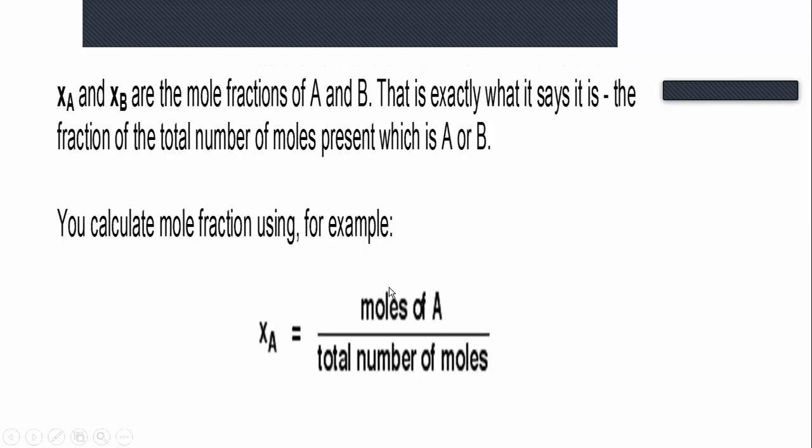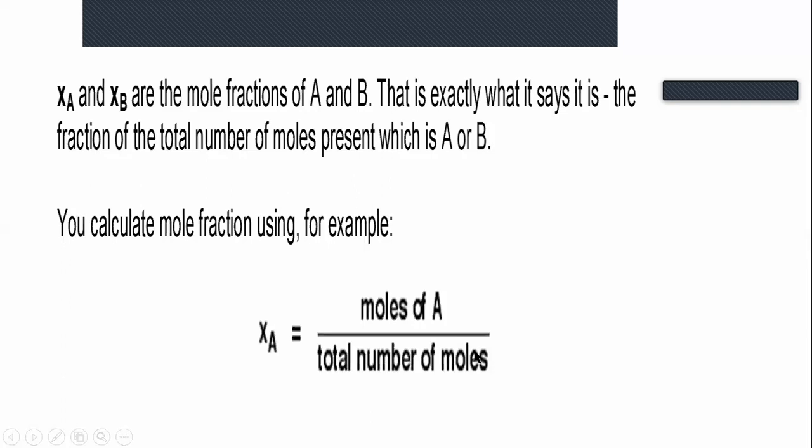When we talk about moles of A, we're talking about just one pure liquid, but the total number of moles is the total of the liquids that make up the mixture, assuming we are looking at A and B. So the mole fraction of A is moles of A divided by moles of A plus moles of B. That gives us the total number of moles.